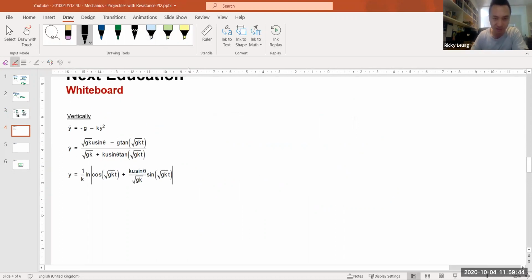So we start with the acceleration on the y being minus g minus k y, v squared, or yeah, mostly. Now the reason why this one's a bit of a bumpy ride is because that minus g doesn't allow me to just divide this over and then just do what I did before. It just makes integration a bit more painful. So I'm just going to replace this with dv dt.